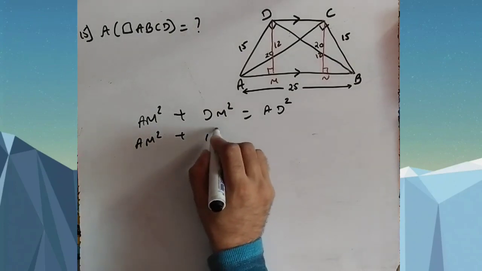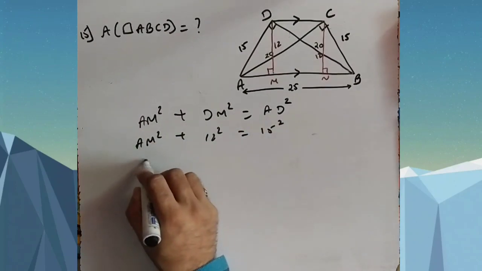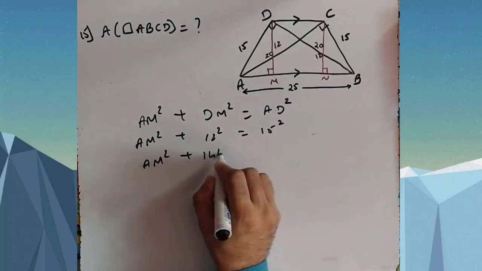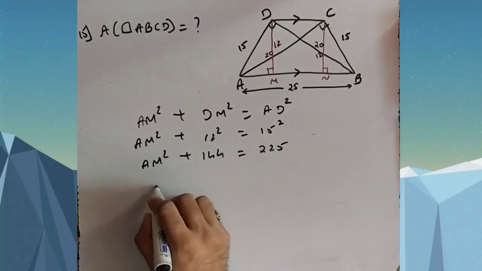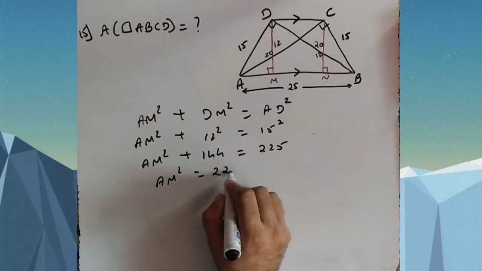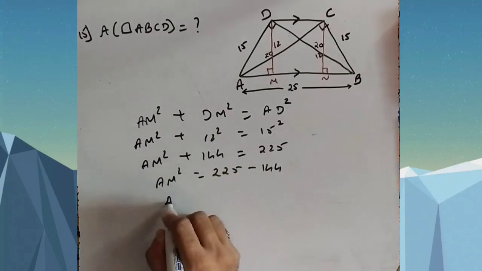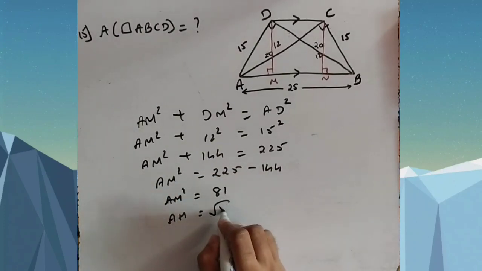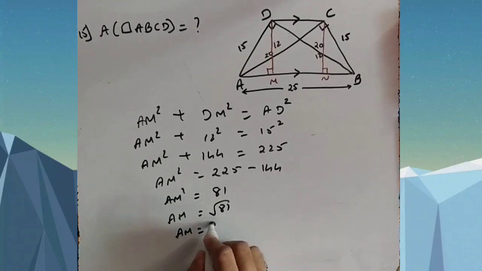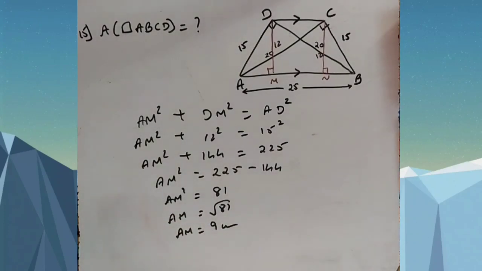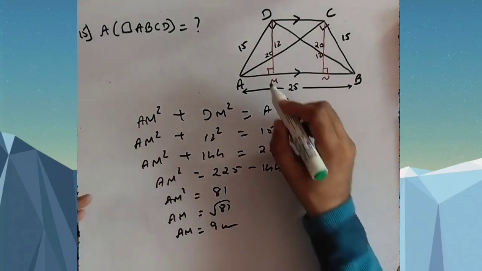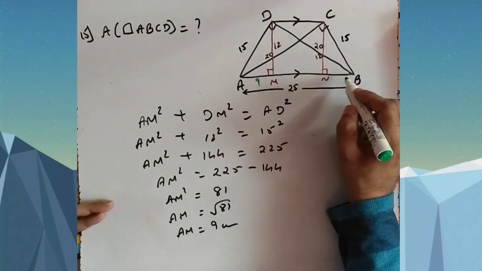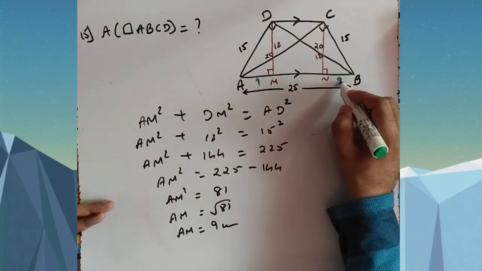AM square plus 12 square is equal to 15 square. So AM square is 225 minus 144, which is 81. Root 81 is 9 units. AM is equal to 9 units. Similarly, we will get BN also as 9 units.